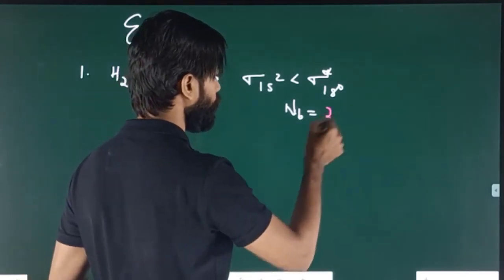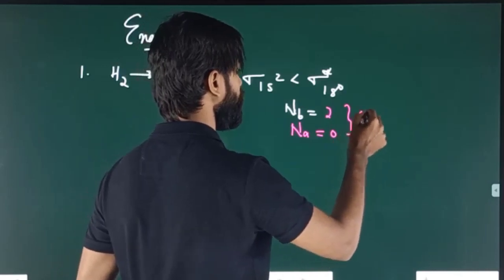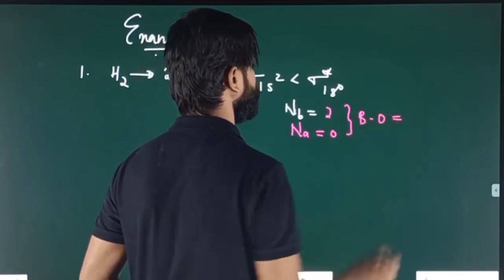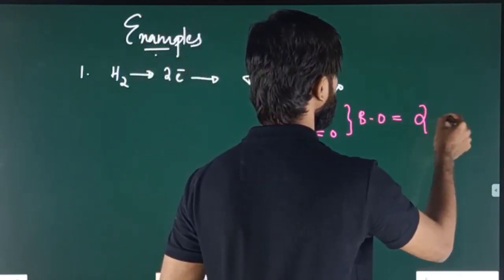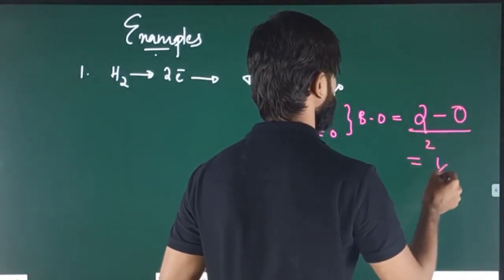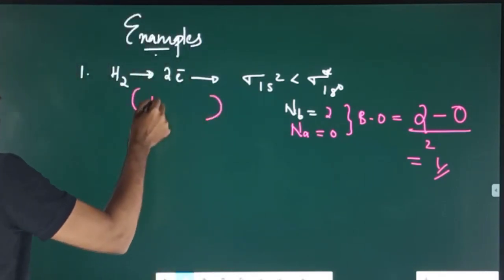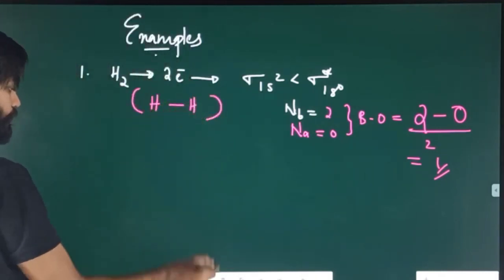So Nb equal to 2, Na equal to 0. So the bond order is 2 minus 0 by 2. So that's equal to 1. So the bond order of hydrogen is 1. That we already know, that in hydrogen the number of bonds is 1.